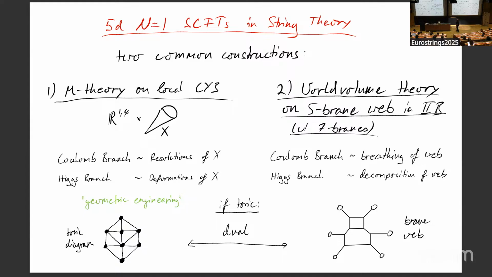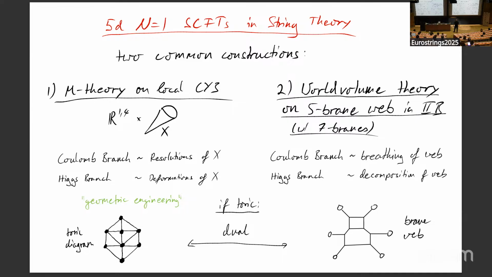In this geometric engineering picture, the Coulomb branch of our theory is described by the resolutions of our Calabi-Yau threefold, and the Higgs branch is described by complex structure deformations of this threefold. In the 5-brane web, the Coulomb branch is described by breathing modes of the web, and the Higgs branch is described by decomposition of the web.